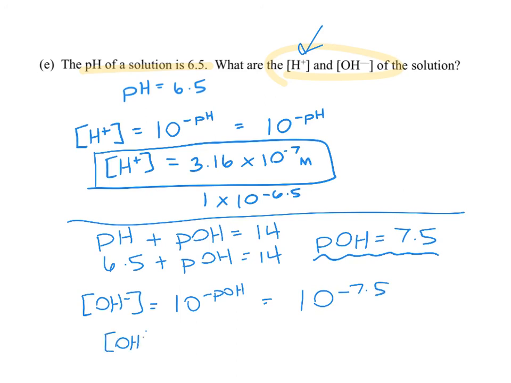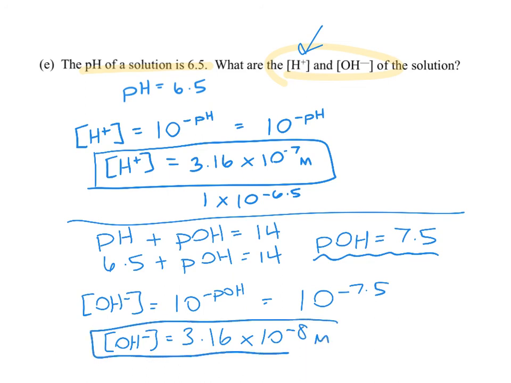And again, you'd plug that into your calculator using either the caret or the times 10. And you get 3.16 times 10 to the negative 8th molar. And again, could you just do 1 times 10 to the negative 7.5? Same kind of idea. You're not totally wrong, but the decimal being in the exponent is kind of the issue with that.